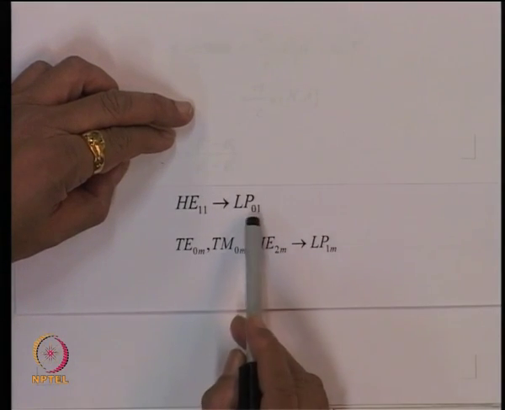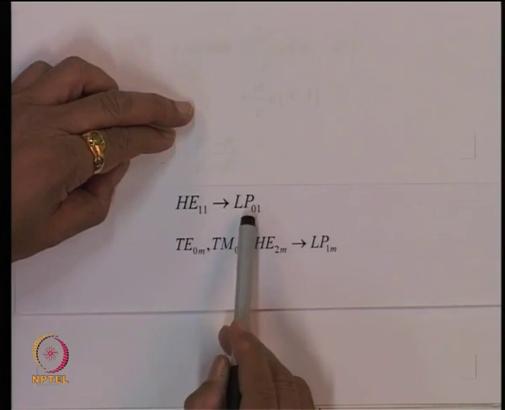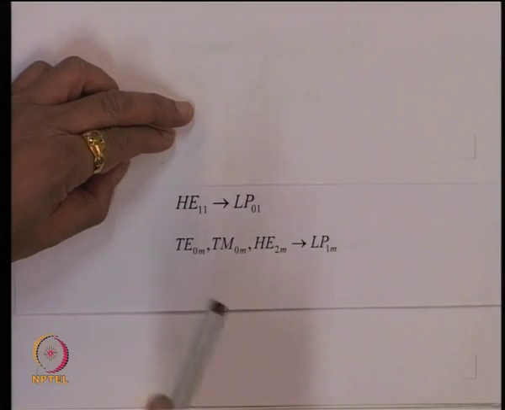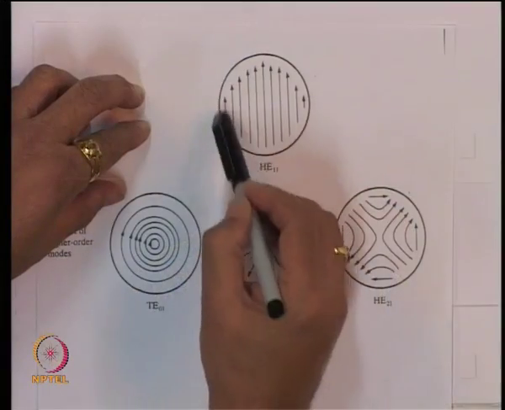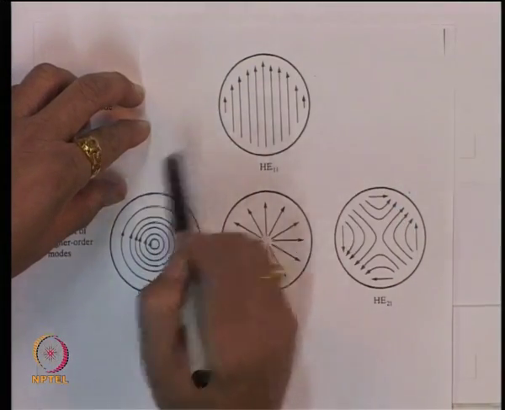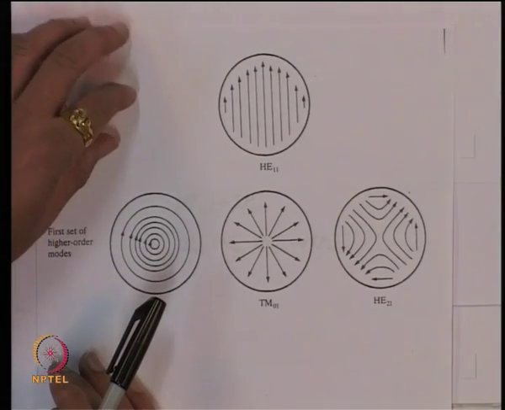Now, the indices here essentially tell us, the first index tells me the azimuthal variation, and note that this is not telling you the variation of the Er or phi component, it is telling you the variation of linearly polarized fields. If my polarized field was vertically polarized, then the variation in the azimuth direction for the vertically polarized field is given by the first index.